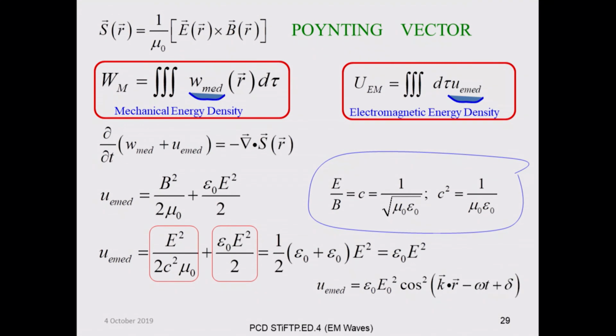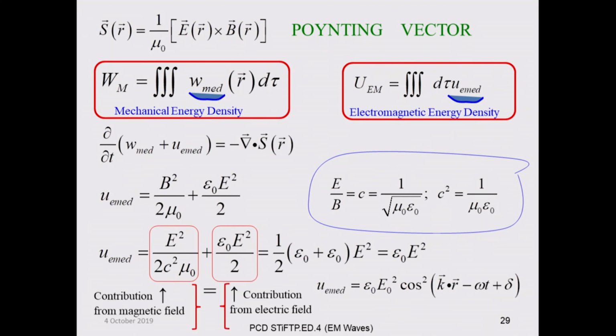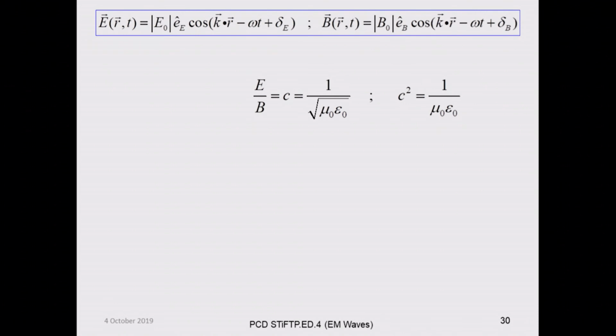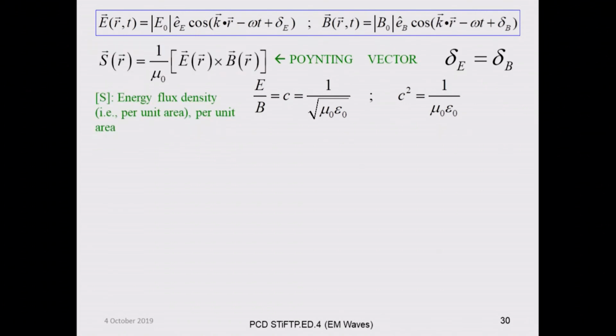So this is the expression for the electromagnetic energy density, and it sums up the contributions from both the magnetic and the electrical parts.